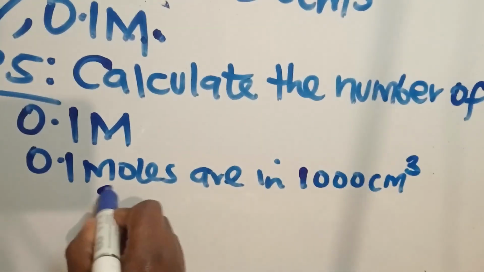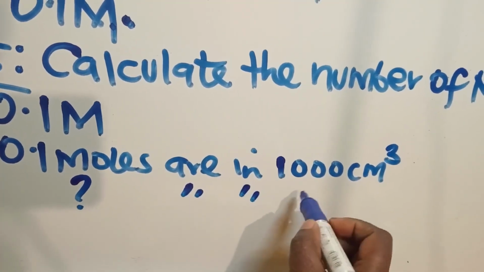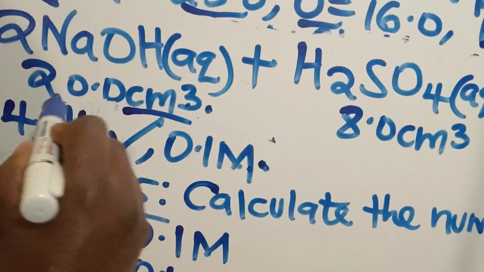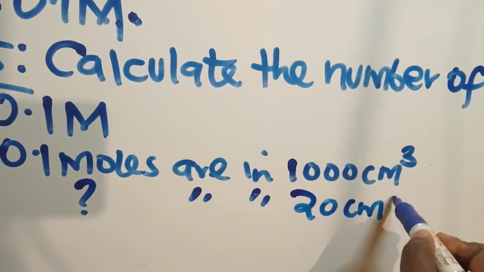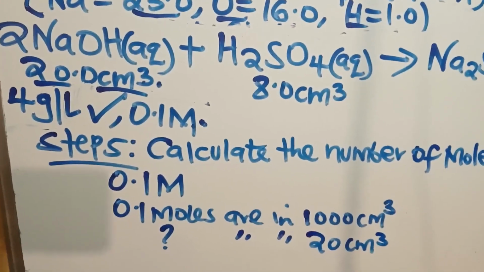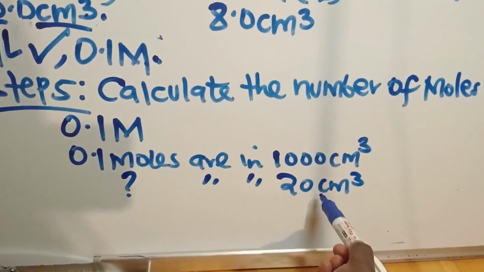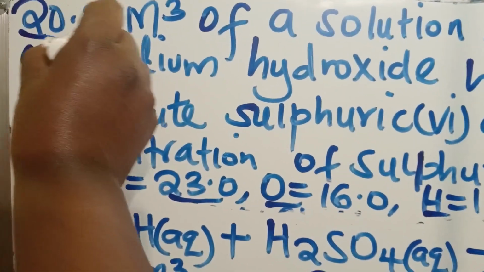So we then ask ourselves, how many moles are in the volume up here, which is 20 centimeters cubed. I remember advising you to avoid, in the calculation, writing it as it was given up here, 20 with a 0.0.